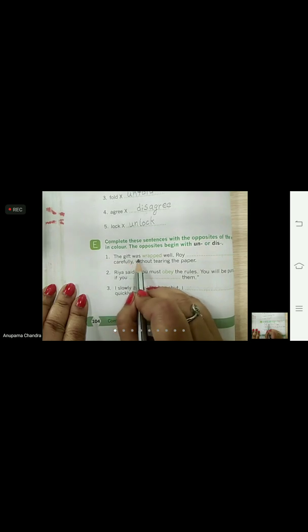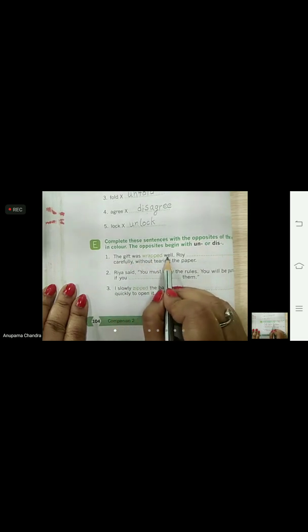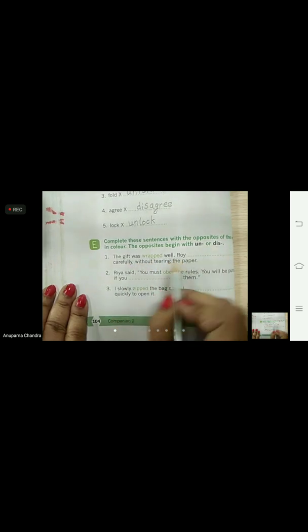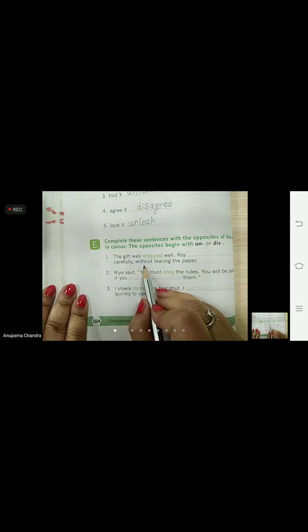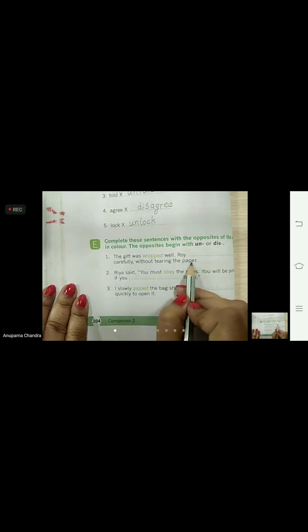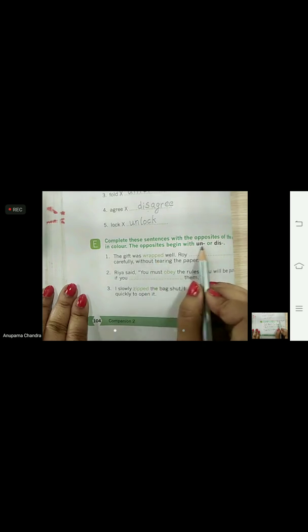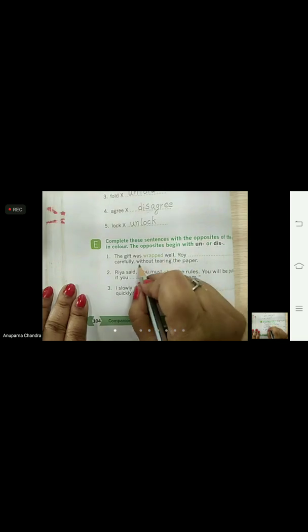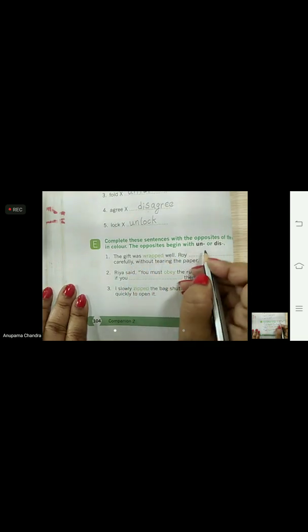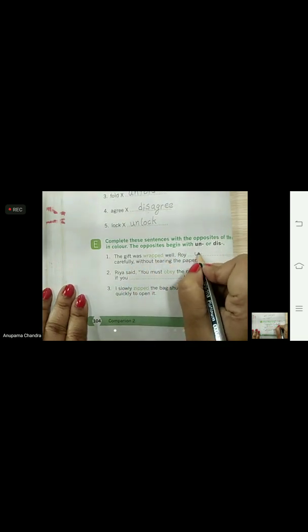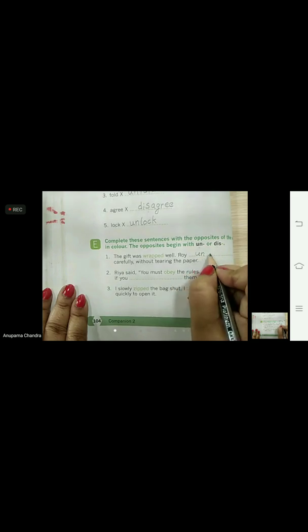The gift was wrapped well. Roy dash carefully without tearing the paper. So we have to write the antonym for wrap. And how are we going to make the antonym for it? Using un or dis. So we will use un here.